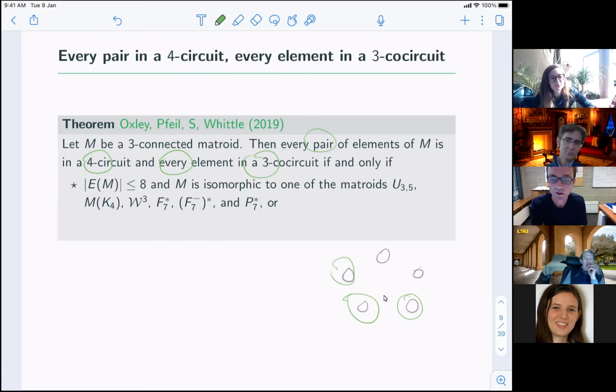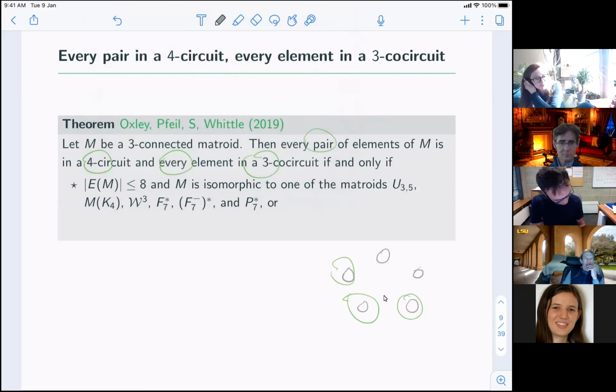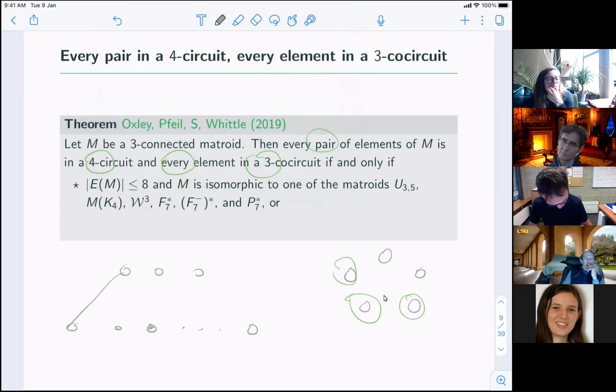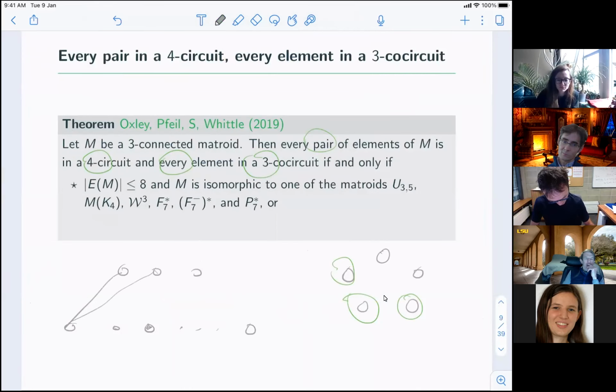But what happens more generically if M is at least 9? It turns out you get K3,n for some n.